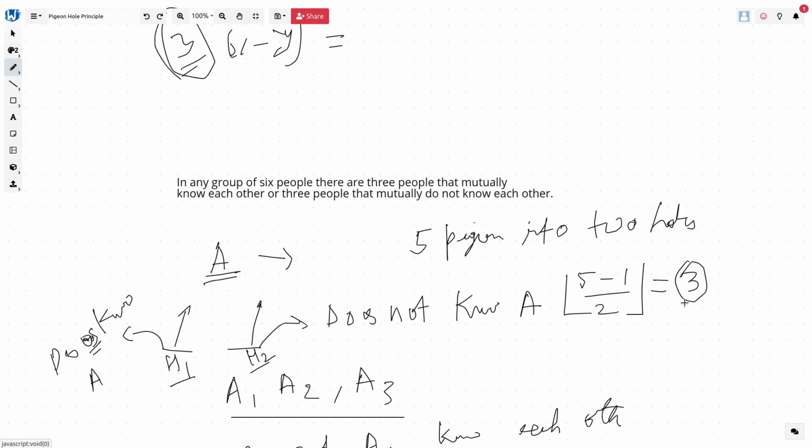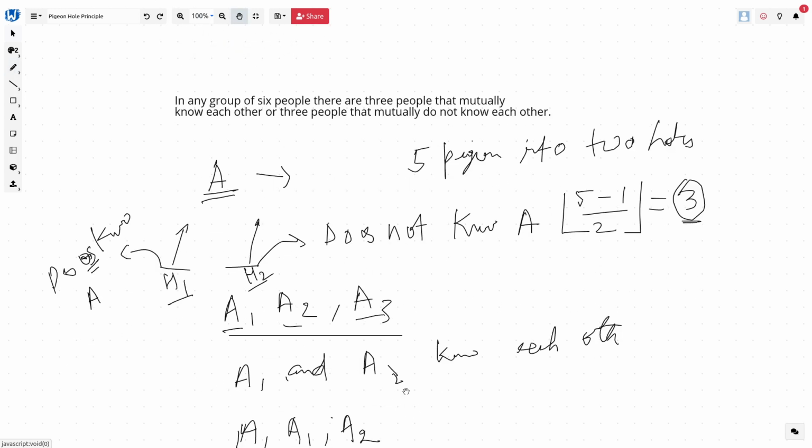So at least one of them will have 3 objects. Let's name these three people as A1, A2, A3. Now there are two possibilities: either A1, A2, A3 mutually don't know each other at all, or one of the pairs A1, A2, or A1, A3, or A2, A3 know each other, right?